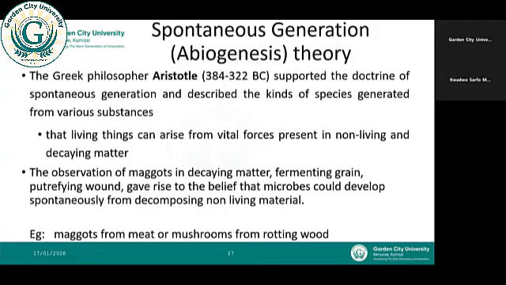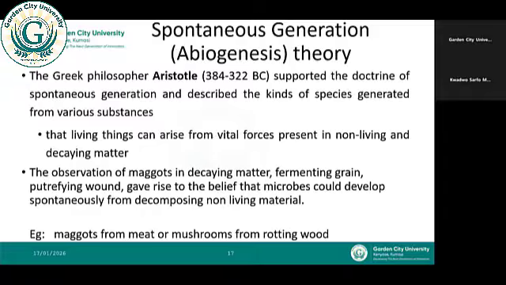This was the belief of some of these people, and Aristotle was one of the champion advocates of these theories. He described that kinds of species could be generated from various substances. So life comes from non-living material.